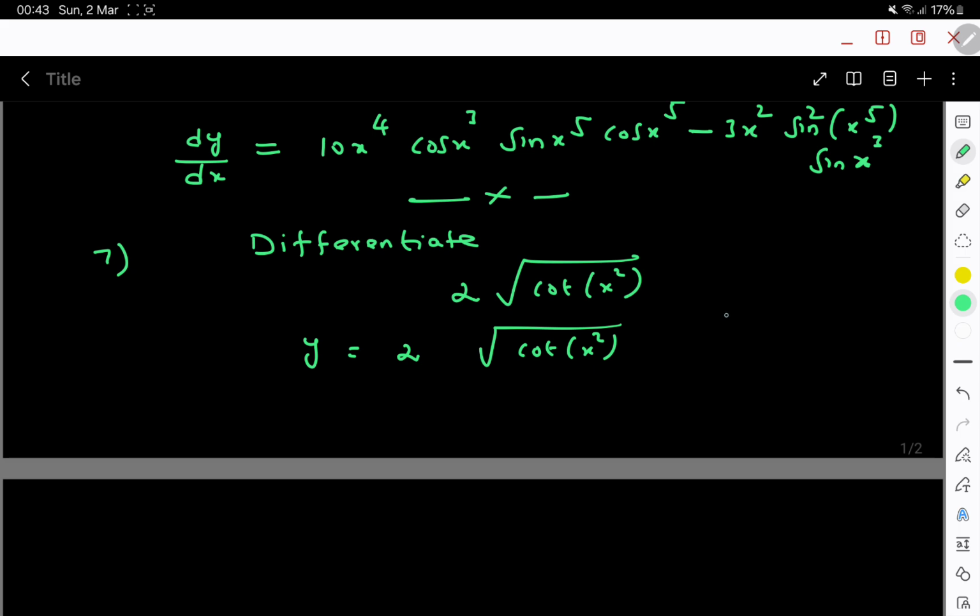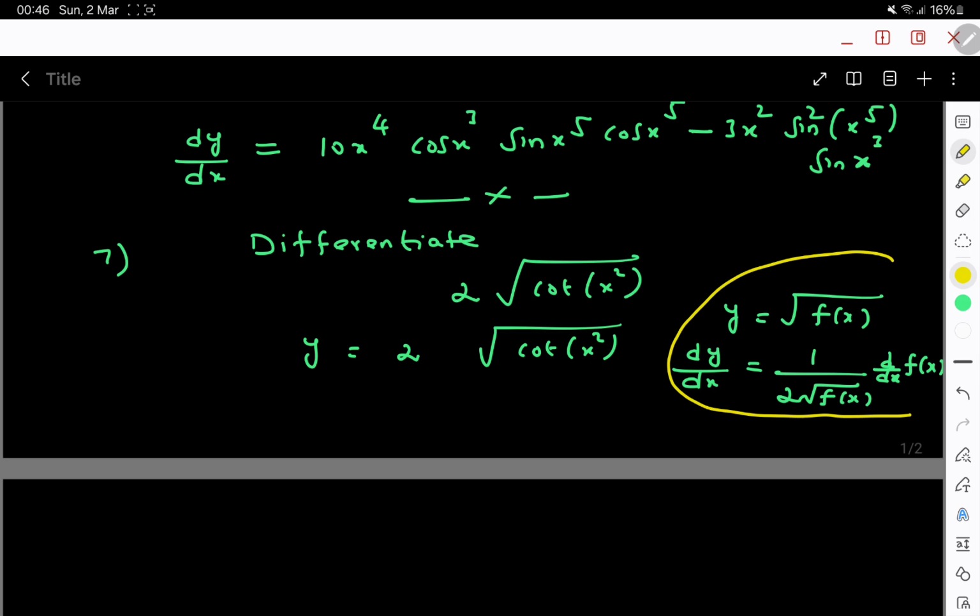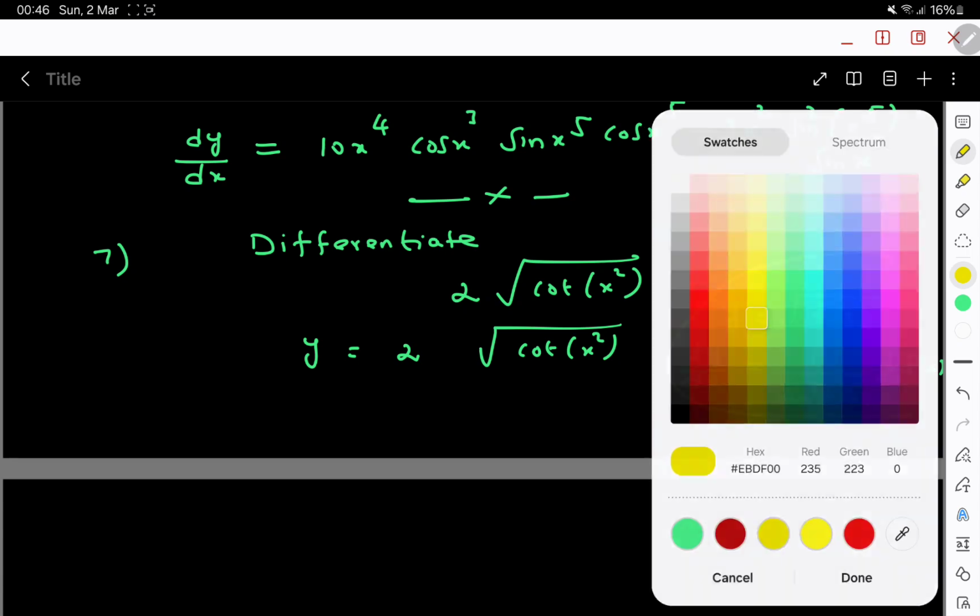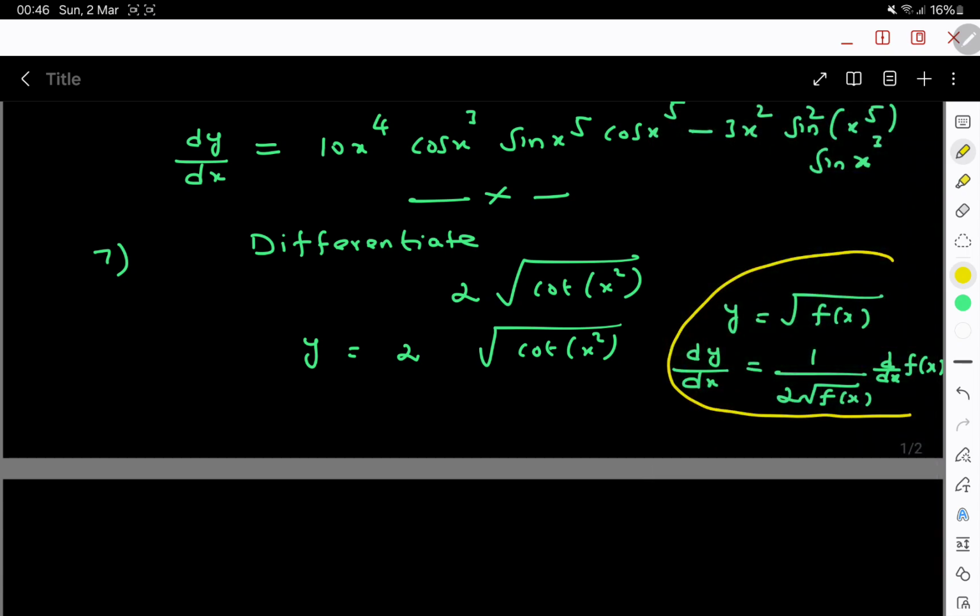Here we follow square root rule, so y equal to root f of x, dy by dx equal to 1 by 2 times root f of x, again differentiating f of x. So in this problem f of x equal to cot x square. This is f of x.